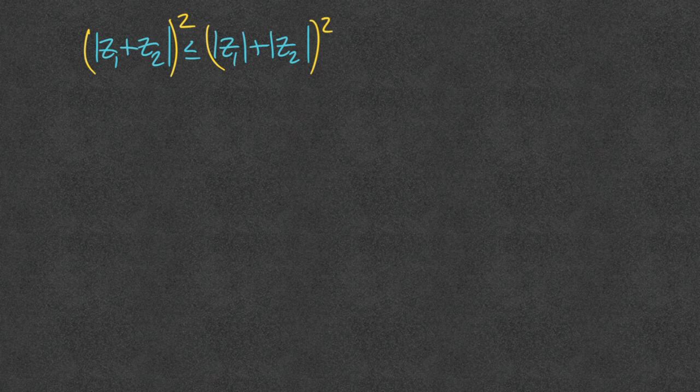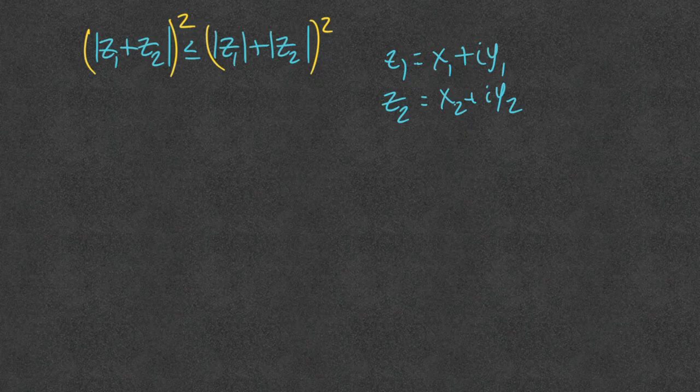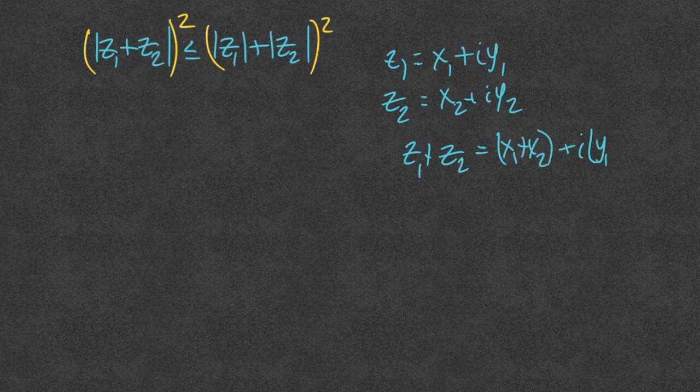All right, so let's recall that I defined z1 to be x1 plus iy1, and I defined z2 to be x2 plus iy2, which means that the sum is going to be x1 plus x2, and the imaginary part is going to be y1 plus y2.